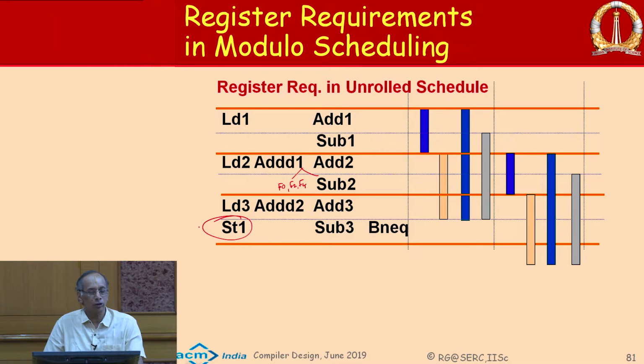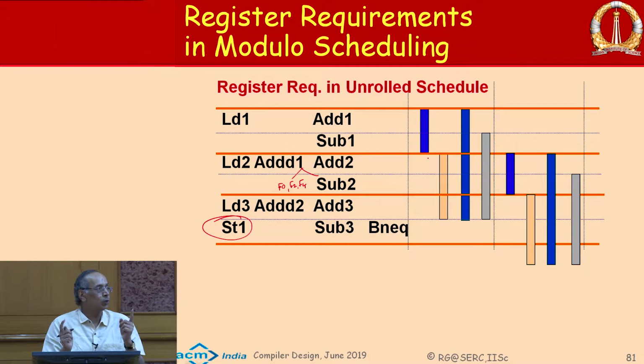That means that before the store takes the value, I would have overwritten it. In some sense, it is like a WAR dependency. This is the read that should have happened and this write should only happen after that, but we have scheduled it so that now it is going to happen before. In other words, a single register is not enough for add.